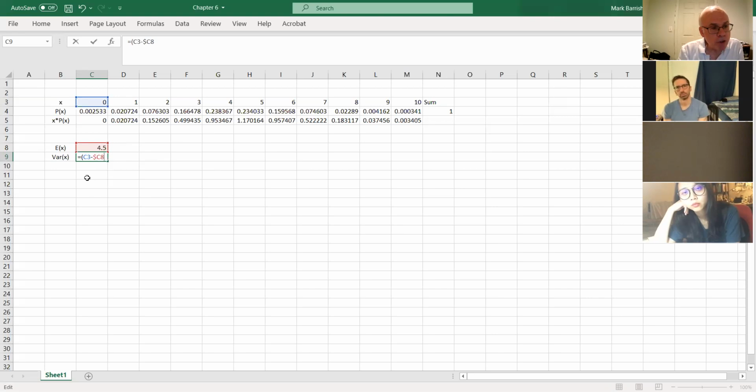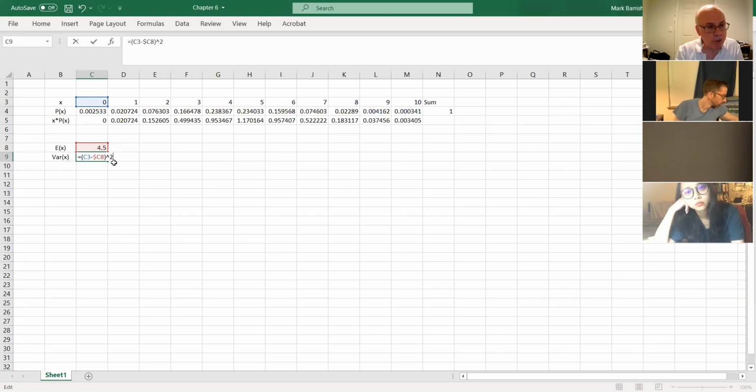Now what we're going to do here is square this. So we're going to close the parentheses and do a caret 2. That squares it. Now you don't have to worry about parentheses here because the order of operations is that exponents occur before multiplication, right?